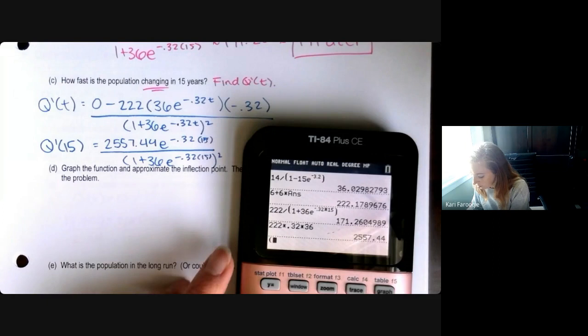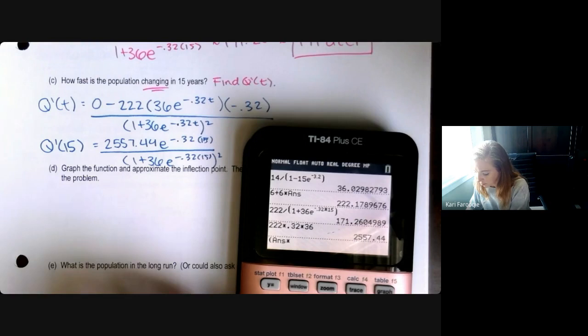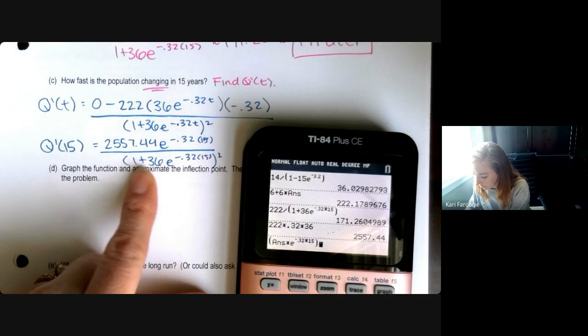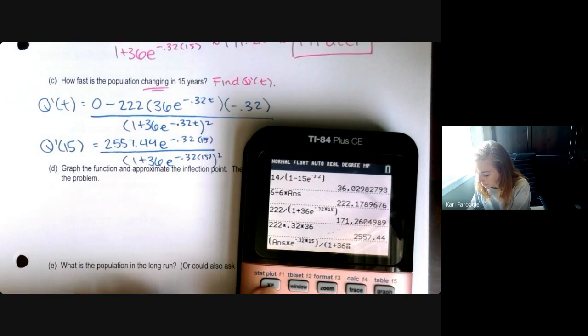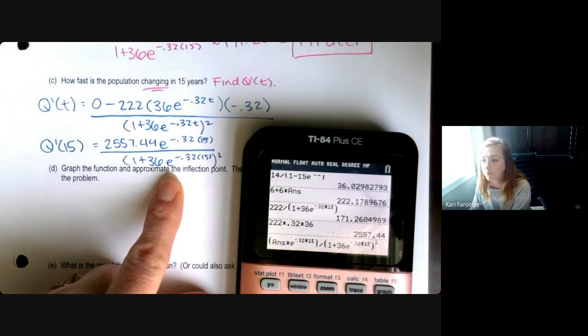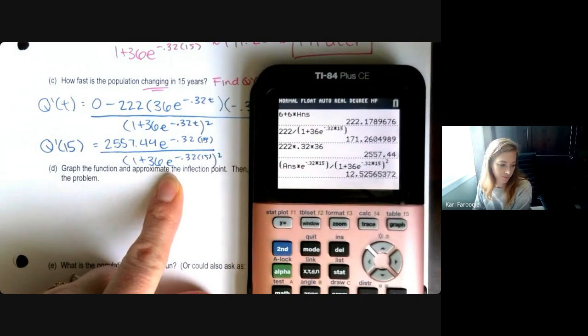I'm going to pull that up, times e to the negative 0.32 times 15, divided by parenthesis 1 plus 36 e to the negative 0.32 times 15, squared. You see that? 12.53-ish.